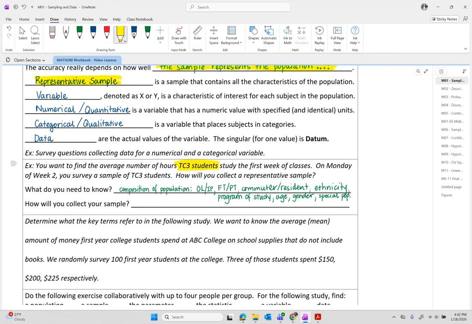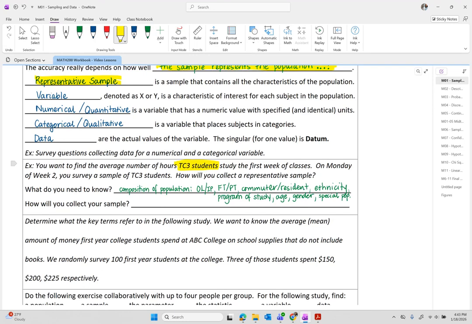What kind of ethnicities are represented at the college? What programs of study do we have? Are there programs that are more demanding than others? What is the age of the student? What is their gender? Do we have special populations like veterans, first-year students, ASAP students, EOP students?